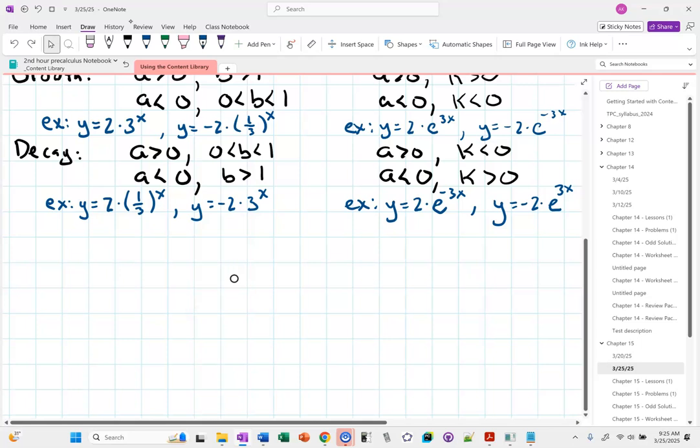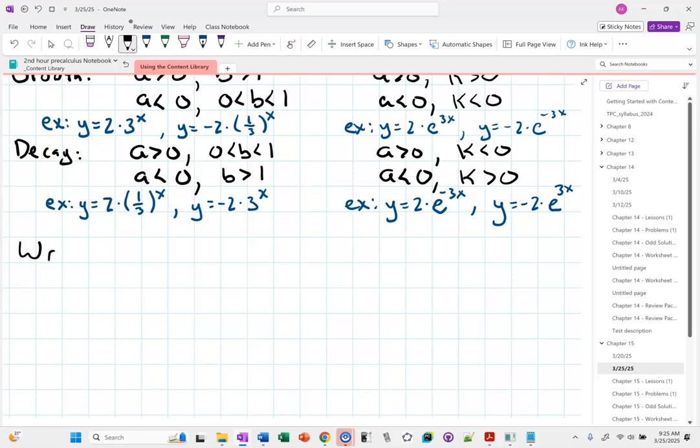The other type of problem that we did yesterday is writing the exponential equation. We did this two ways.